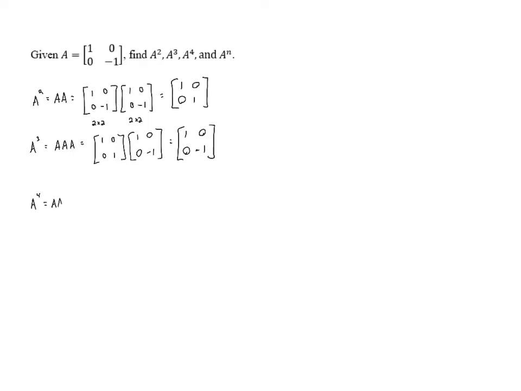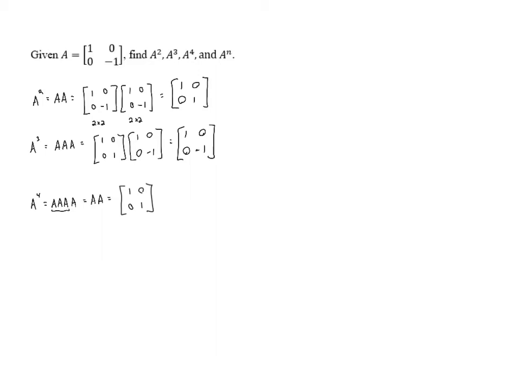A to the fourth is A times A times A times A, but A cubed, we've already figured out, is equal to A, so this is just A times A. And we know what A times A is because we've already done it. It is the matrix with elements 1, 0, 0, and 1.